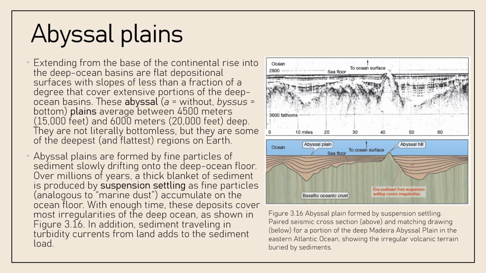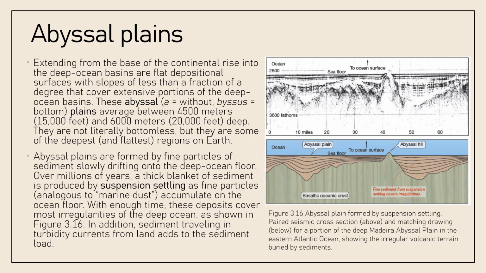So it literally translates to without bottom, the word abyss. They average between 4,500 meters and 6,000 meters deep. These are not literally bottomless, but they do have some of the deepest and flattest regions of the earth.